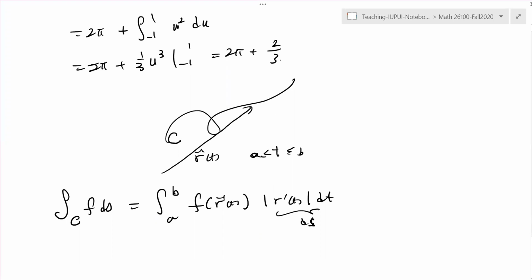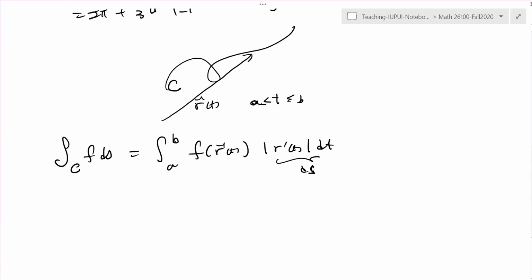Here's problem number 6, the integral over C of e to the x d. Now it's too early. Let's look at problem number 4. It's going to be x e to the y ds.